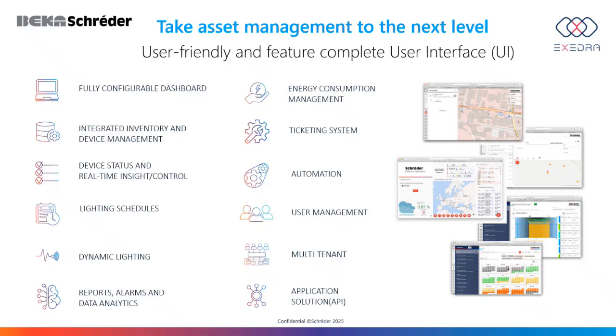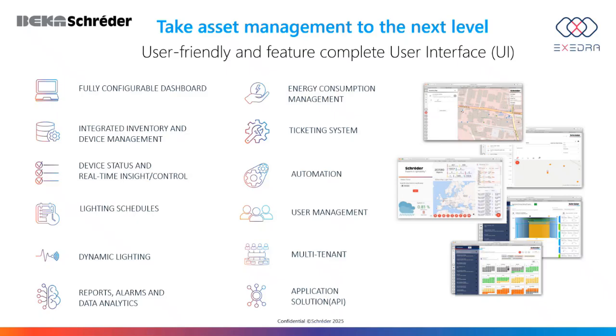Here we can set up schedules or data sensor scenarios for the light output. There's also access control, where the user management is done through a multi-tenant level. It's a hierarchy system which controls and gives control of assets only to relevant permissions.